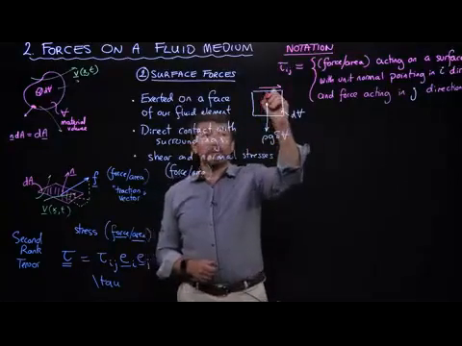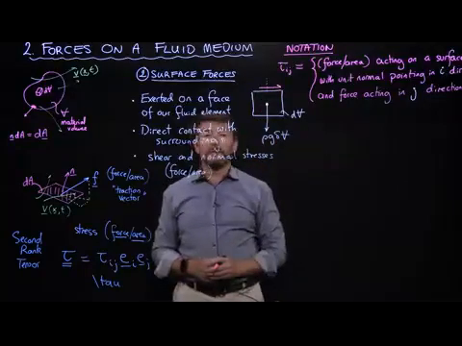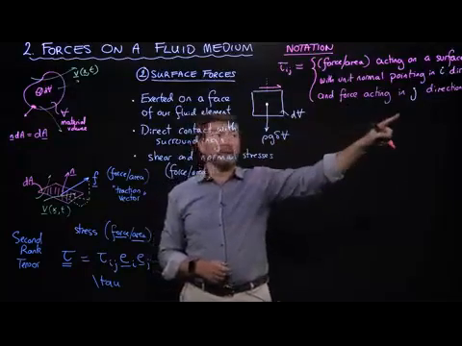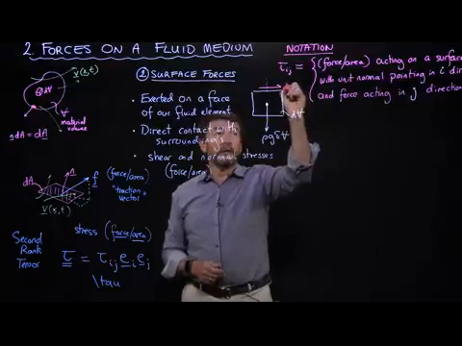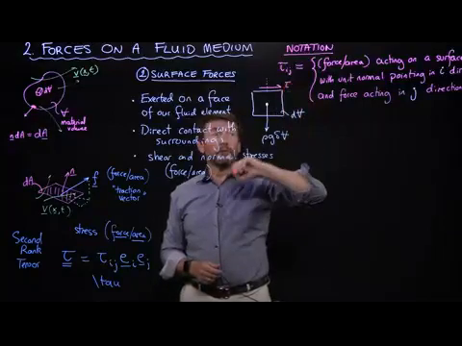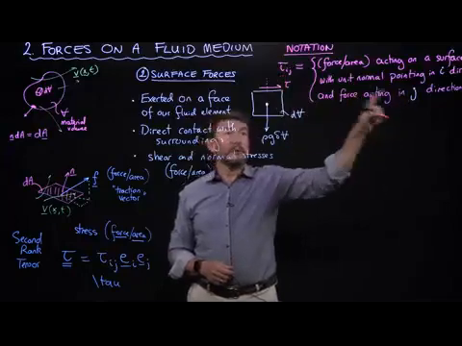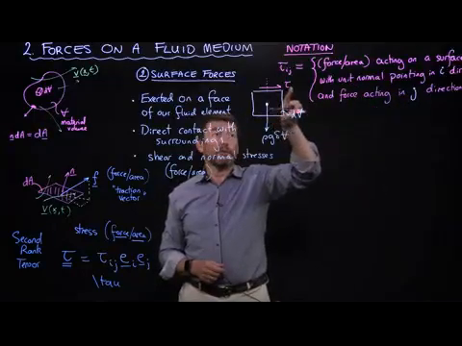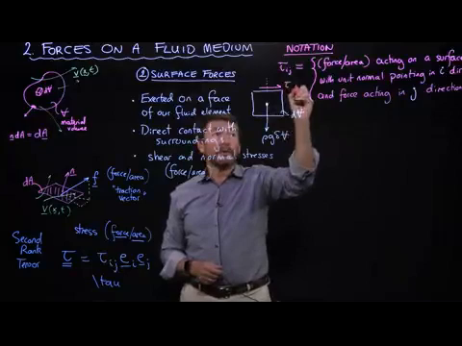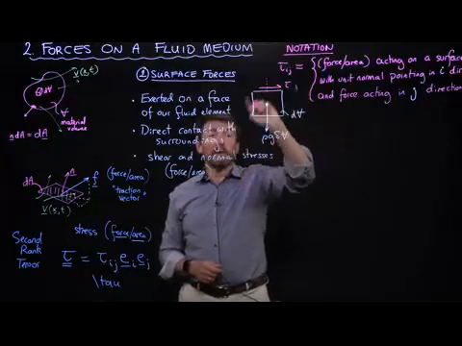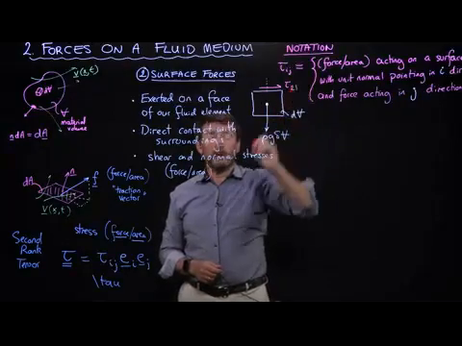In this case, the normal vector is pointing in the 2 direction, and the force is pointing in the 1 direction. So this would be the contribution that we would call tau, where the j component is the direction of the force, so the j component is in the 1 direction. The normal is in this direction, so this would be tau 2,1.